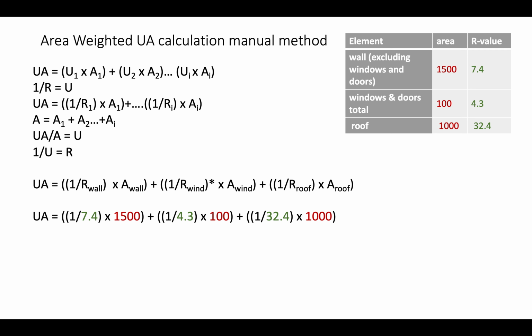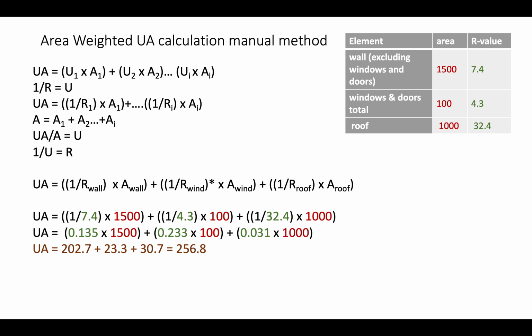So you can read these numbers, right? Basically we've plugged the numbers into our formula, and now we've converted those R values into U factors, so we can see what those are.